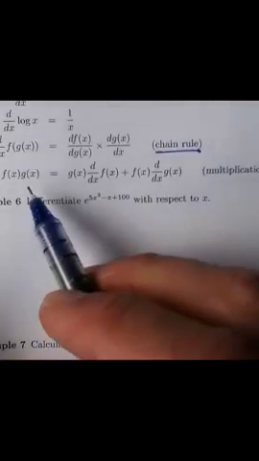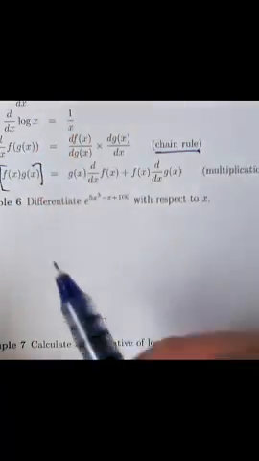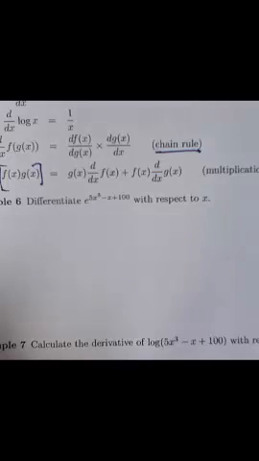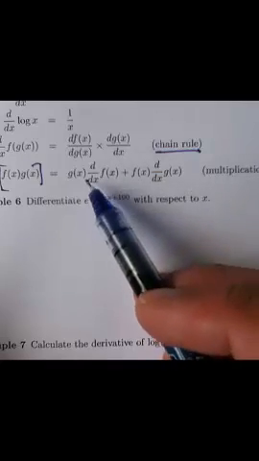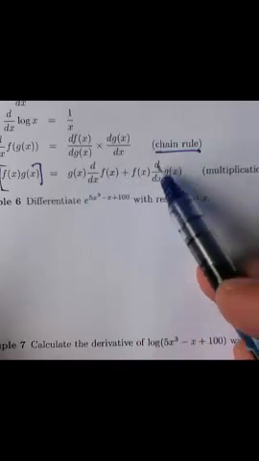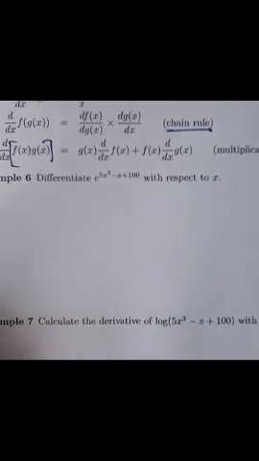And finally we have something called the multiplication rule. If I have the product of two functions, and I want to differentiate the product of those two functions with respect to x, it's the derivative of one times the other plus the derivative of the other times the one. So let's do some examples here.